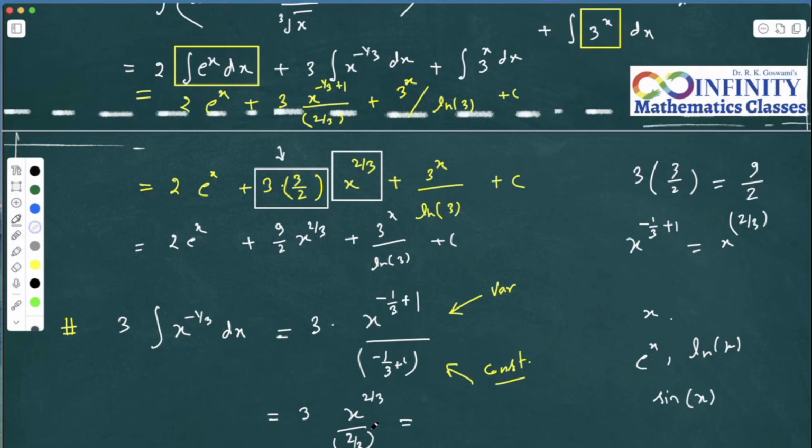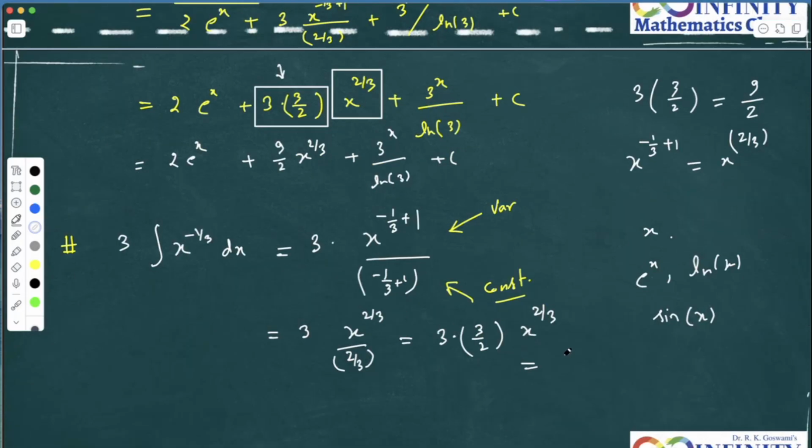Now, how do we simplify the denominator? Whenever something is in the denominator, we multiply by the reciprocal of that to simplify. So 3 is already there. What is the reciprocal of 2/3? It is 3/2. Oh, okay. And keeping the exponent same. That makes sense. Okay, and like I told you, 3 multiplied by 3/2 is 9/2 there. If nothing is in the denominator written, by default it is in the numerator. Okay, so x exponent 2/3, and you got the answer.